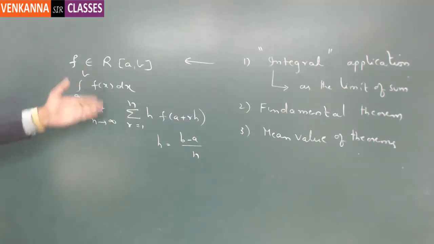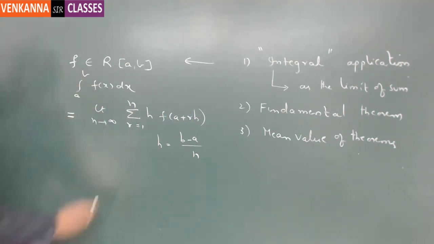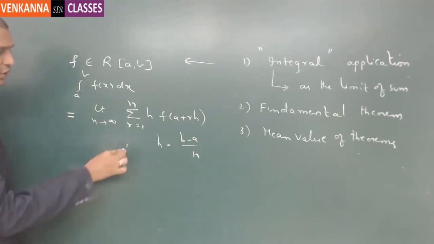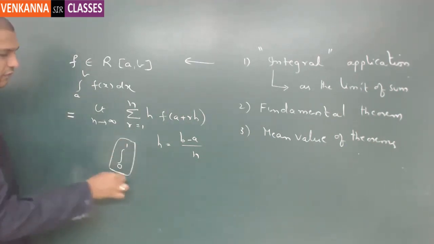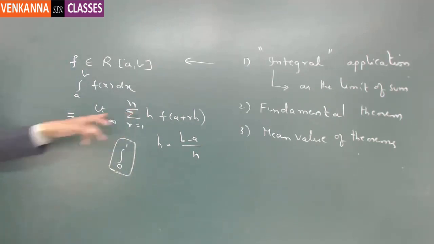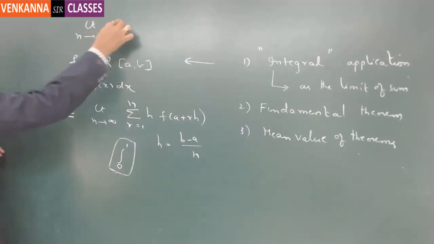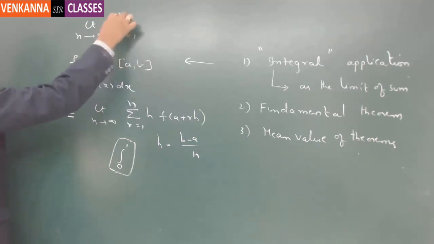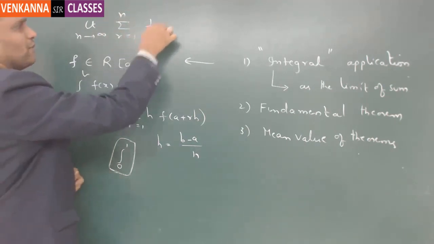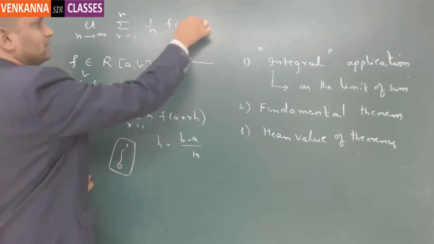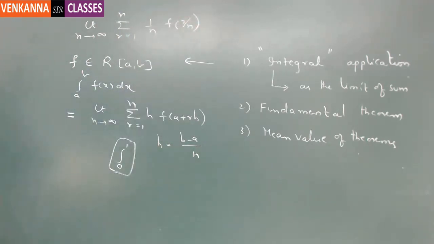Usually we apply this technique on closed interval [0, 1] for problems having summation. Suppose you have a summation of the form limit n tends to infinity, summation r equal to 1 to n, 1 by n into f of (r by n). Now what happens?